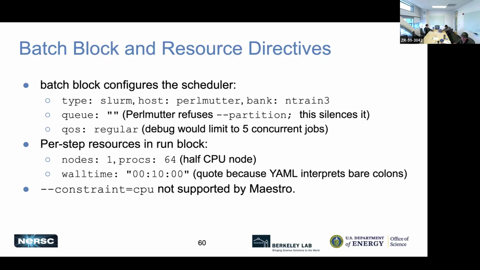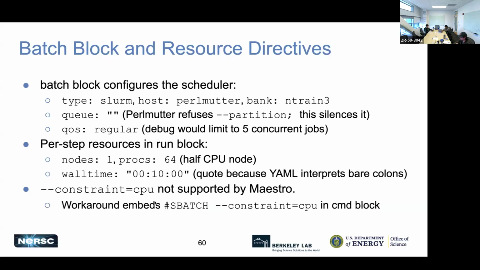And when Maestro is putting together the SBatch script that it submits, it will auto-build all of its SBatches from its higher parameters, and then it will add this last one directly. And Slurm will still be able to interpret that as an SBatch parameter, and things will work and be accepted properly. Workaround in the command block.